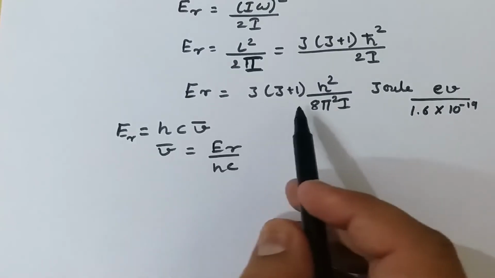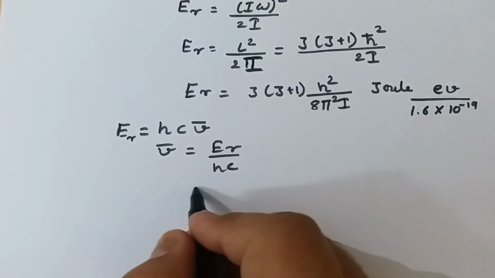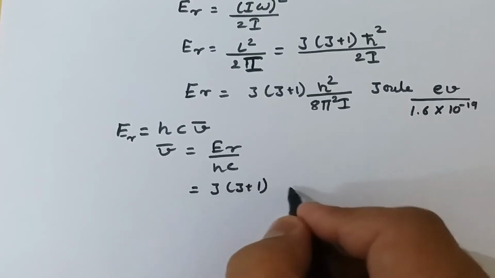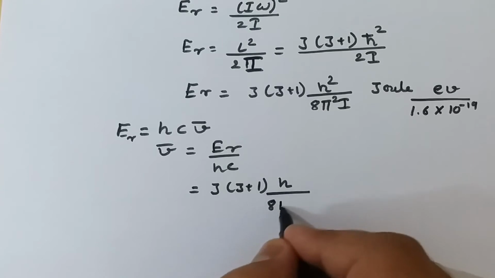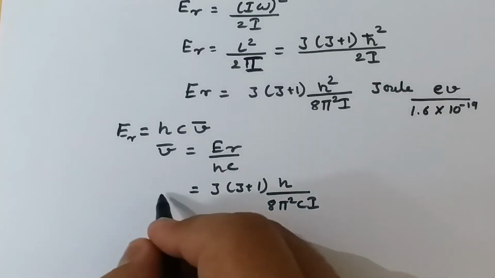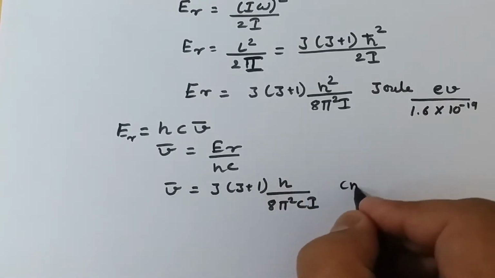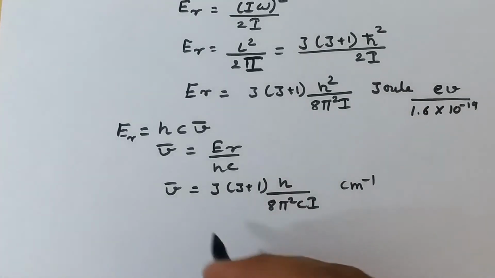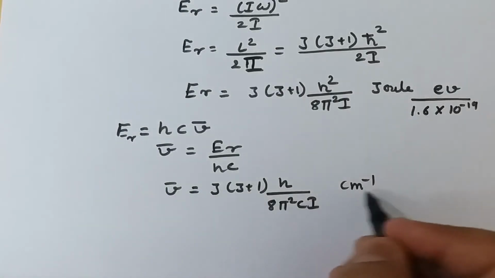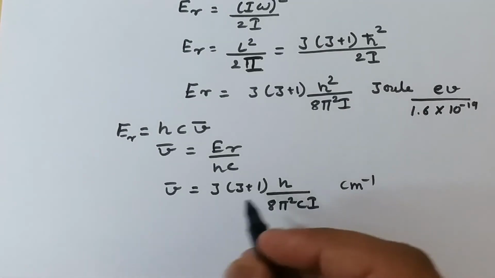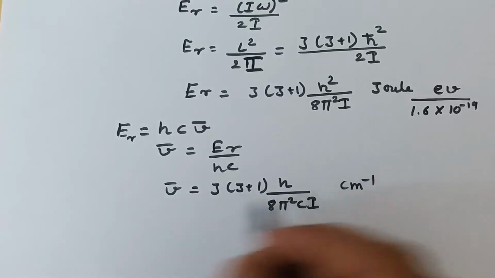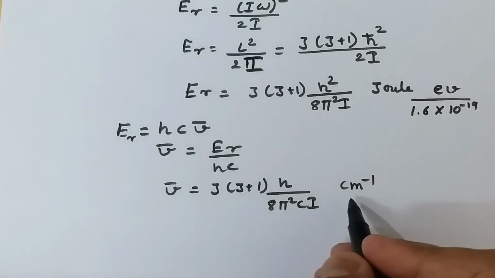We substitute the value of energy in this representation, and hence we have J into J plus 1 h upon 8 pi square c I. This is the value of mu bar, and the unit is centimeter inverse, because mu bar is the wave number equal to 1 by lambda, and the unit of lambda, that is wavelength, is centimeter, so 1 by lambda becomes centimeter inverse. So the mu bar value is in centimeter inverse.